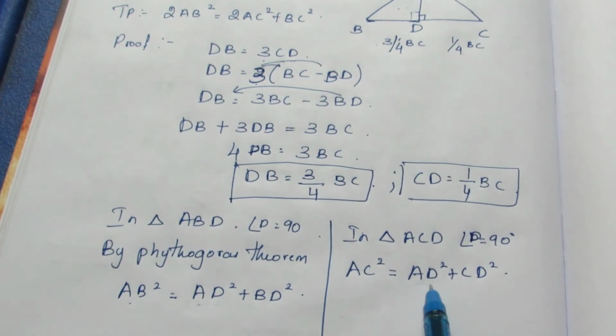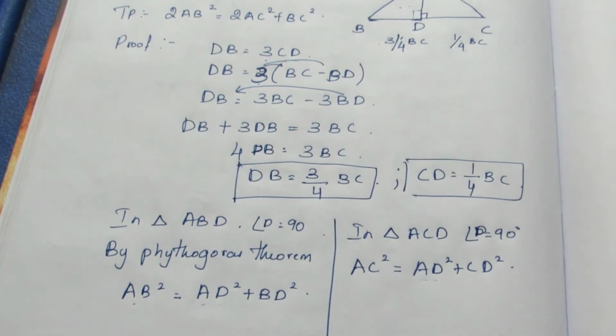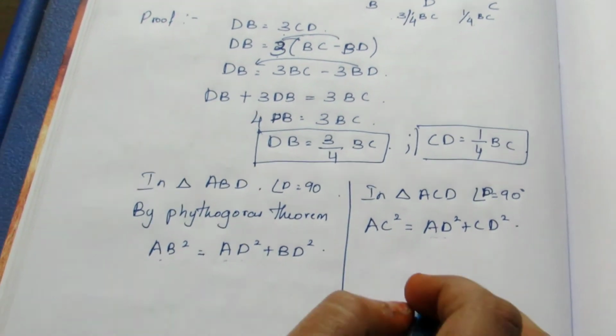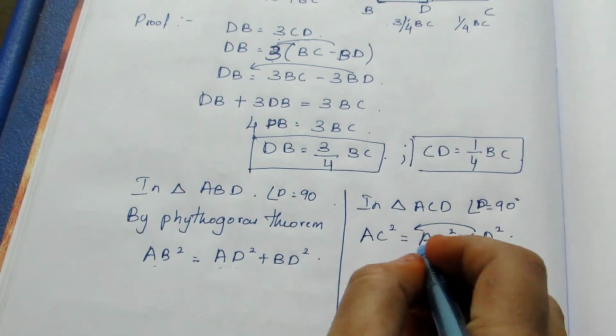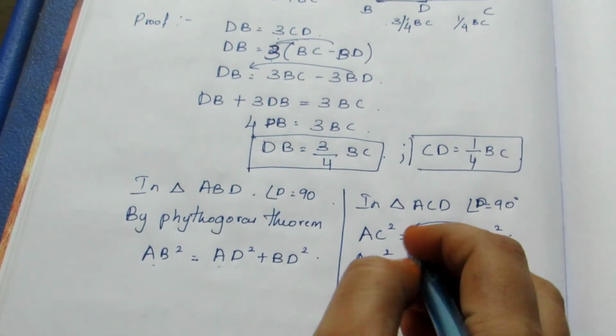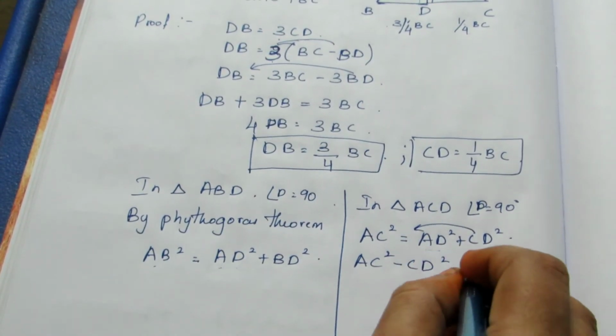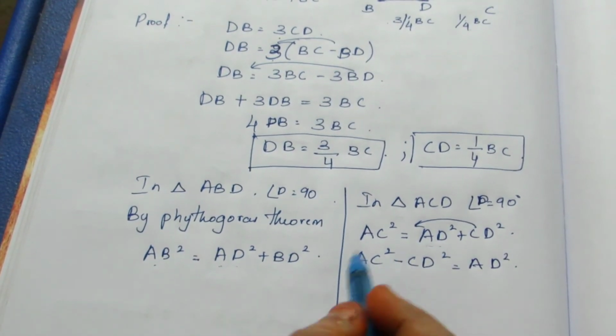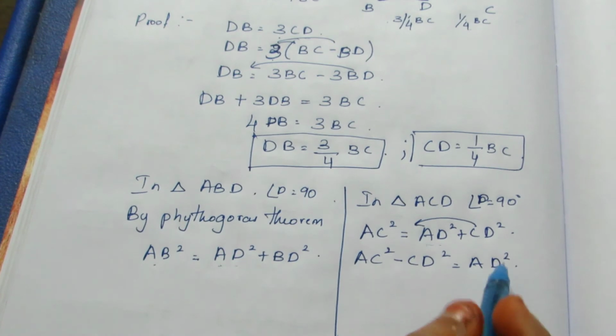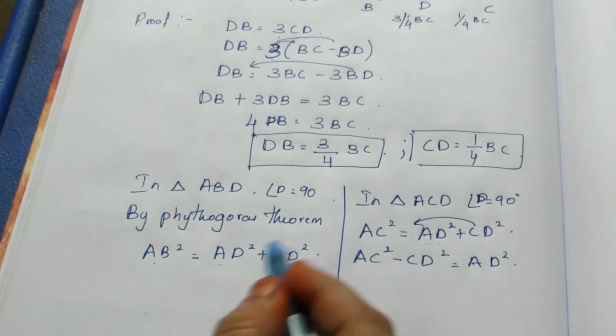We don't want AD square, as AD is common in both cases. So I am removing AD square. Minus CD square, AD square equals AC square minus CD square. So instead of AD square, I am substituting this value here.